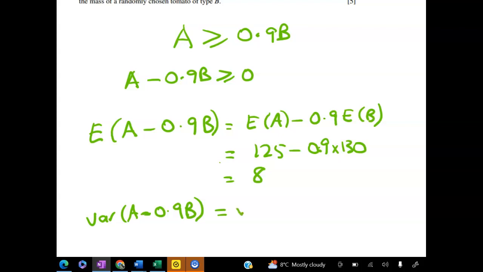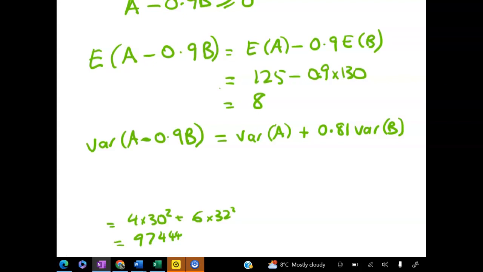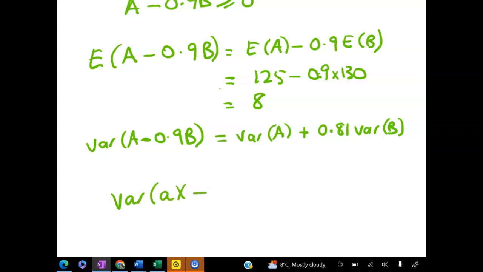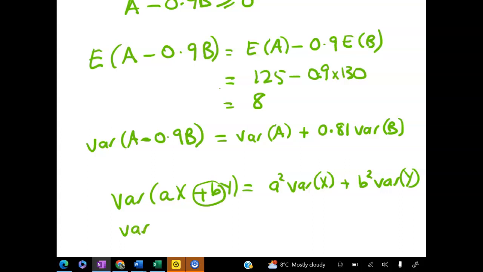So this time we're using the linear combination rules. This is going to equal the variance of A plus 0.9 squared, which is 0.81, times the variance of B. Right, so the rule that I'm using here, if you need to revise it, is this one. If I've got the variance of aX, let's do minus bY, that's going to equal a squared var X plus, I'll do that as a plus, b squared var Y. If we now make this -1, we'll see that we get the result that we looked at in class.